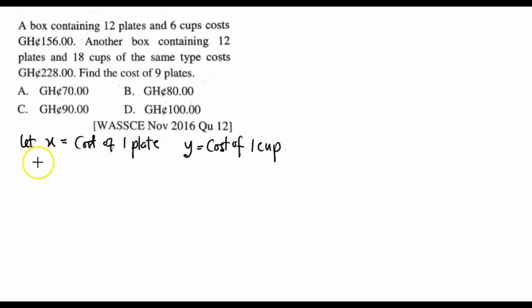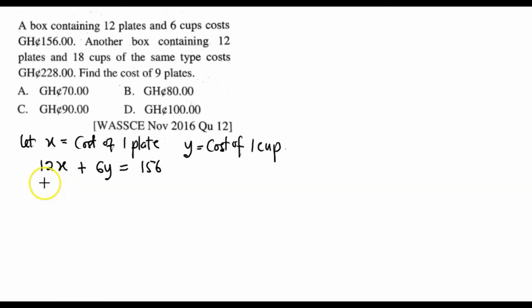So the total cost will be equal to 12 multiplying the cost of 1 plate, plus 6 multiplying the cost of 1 cup, and that should be equal to a total of 156 Ghana cedis.